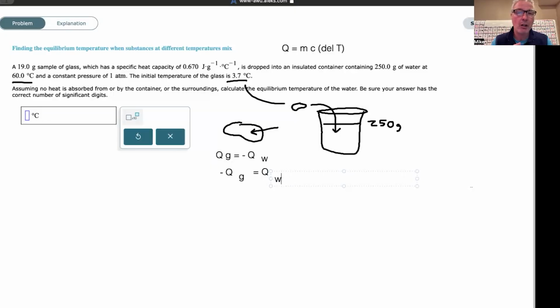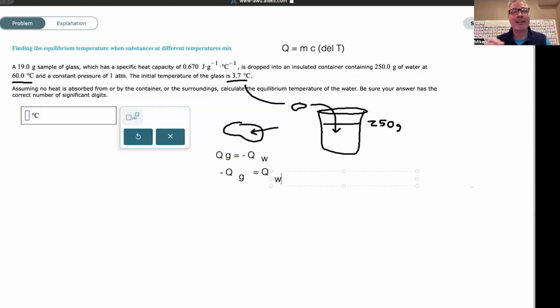We did another video finding the specific heat capacity of something, and specific heat capacities are never negative, but in this case one delta T is going to be positive and the other negative. So we have to be really careful with our delta T's signs.